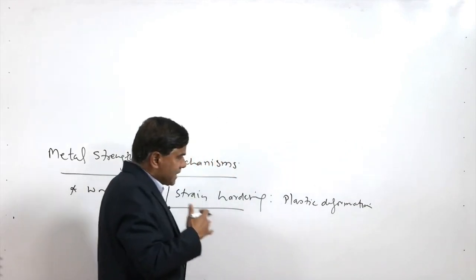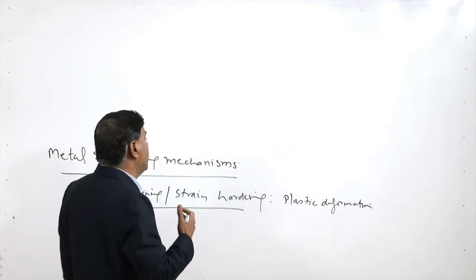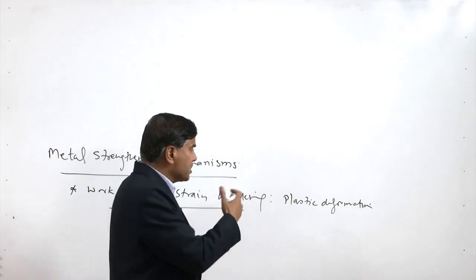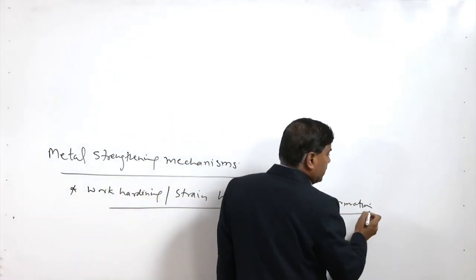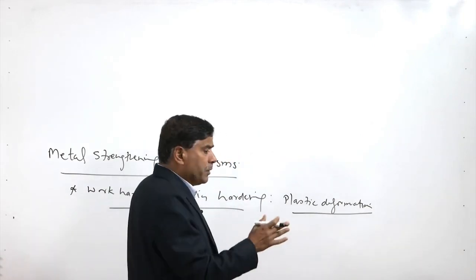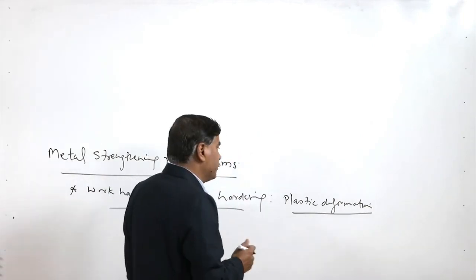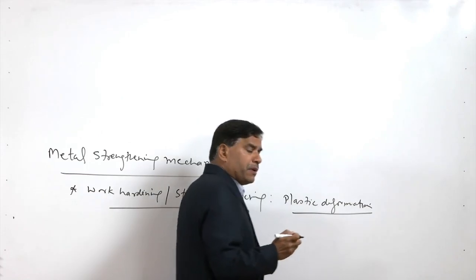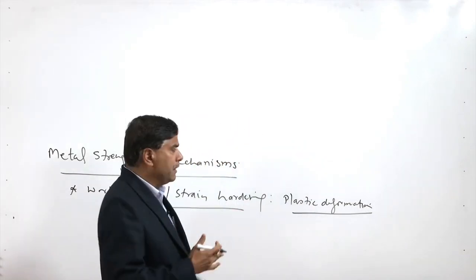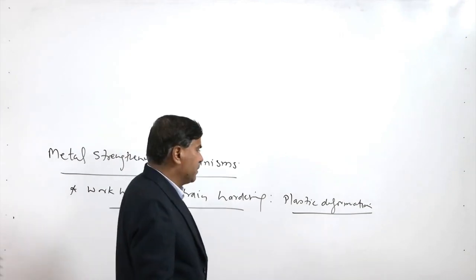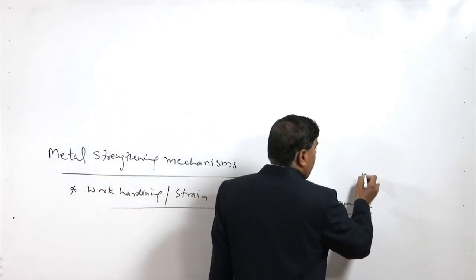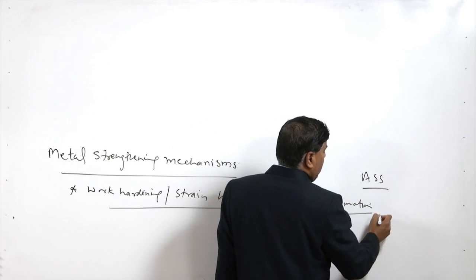However, the extent of increase in strength and hardness due to the strain hardening or work hardening can vary with the work hardening behavior of the material. There are few metals which work harden very rapidly and they result in significant increase in strength and hardness as compared to others, for example, austenitic stainless steel and aluminum.